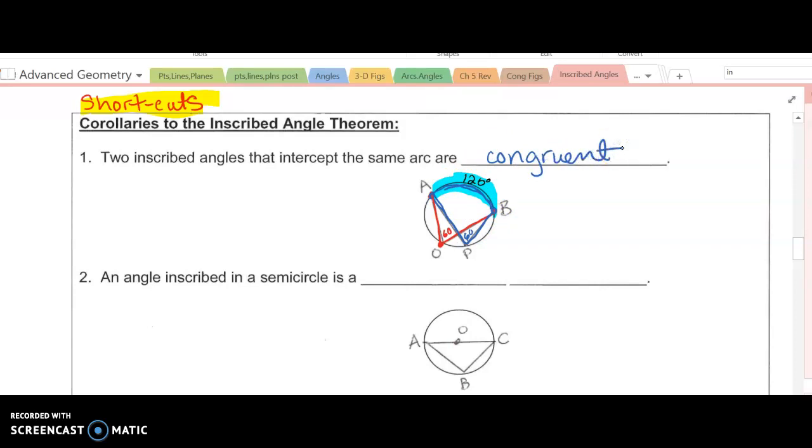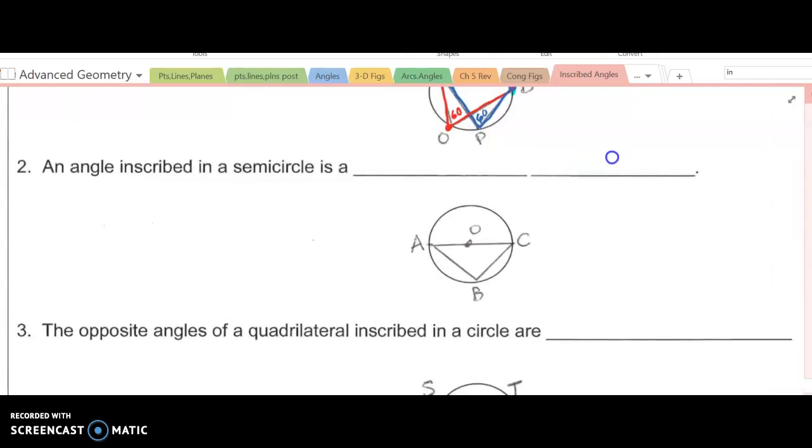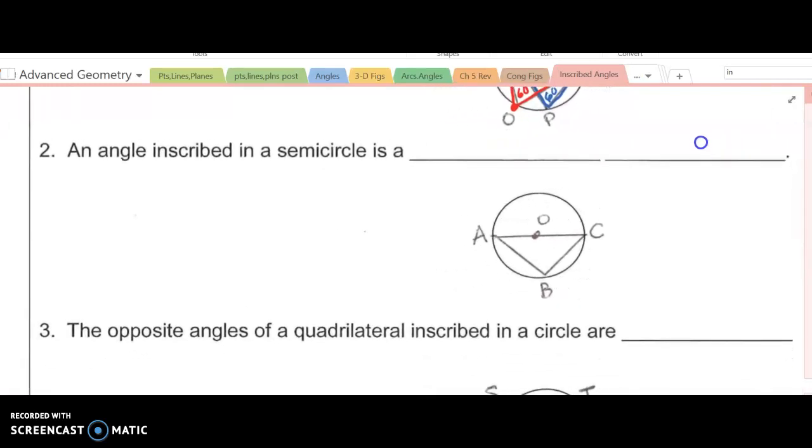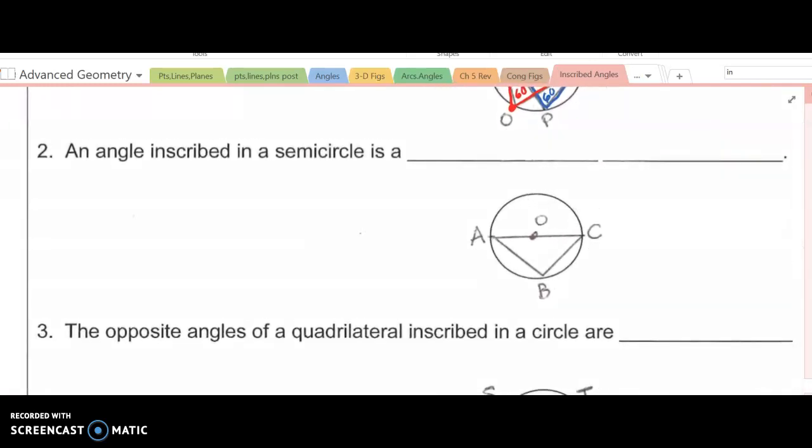Our next shortcut says an inscribed angle in a semicircle is a blankety blank. So we know if this line is a diameter, if this is a semicircle, in other words, if it splits the circle into two half circles, then this arc has to be 180, and angle ABC starts and stops at the ends of that 180 green arc, so we know it has to be half of 180.